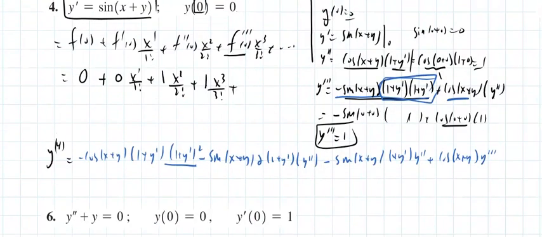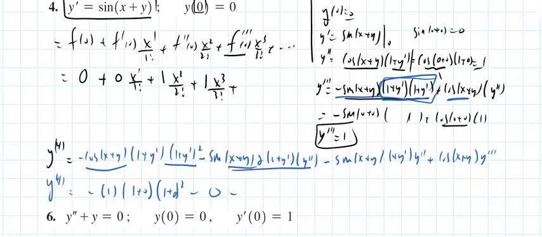Now, if I replace x by 0 and y by 0, that is a 1. Y prime was 0. This is a 0, so all of that is gone. This is a 0, so all of that is gone. And this is cosine of 0 plus 0, that's 1, times y triple prime, which is 1.